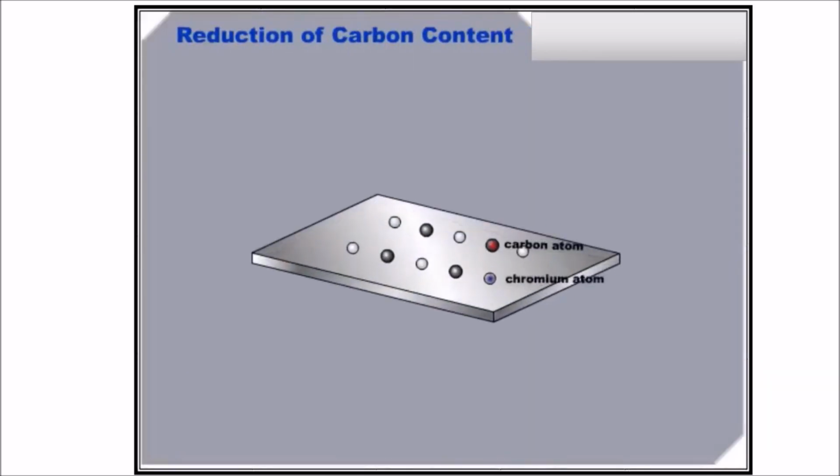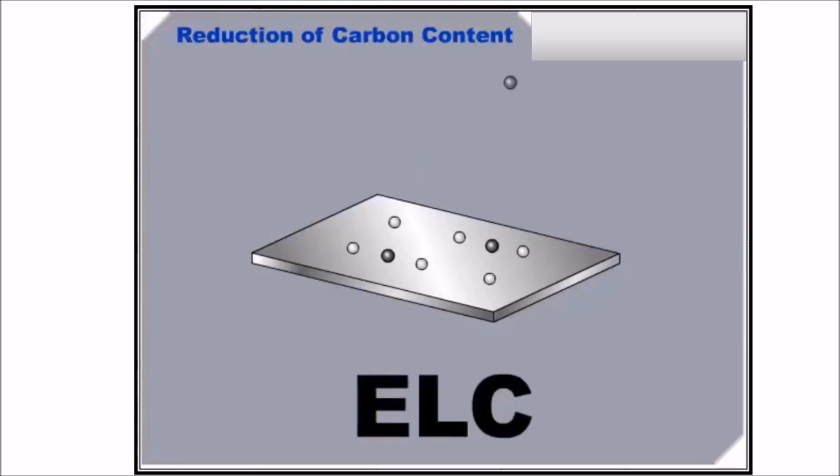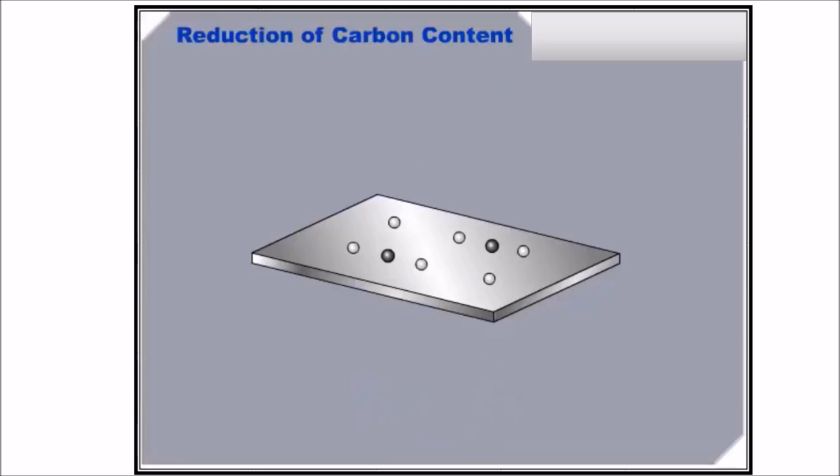The third method is the reduction of the carbon content in the base and filler metals. Initially, these low-carbon austenitic stainless steels were referred to as extra low carbon, or ELC for abbreviation. Today, they are referred to by the letter L, meaning the carbon content is less than 0.03%.